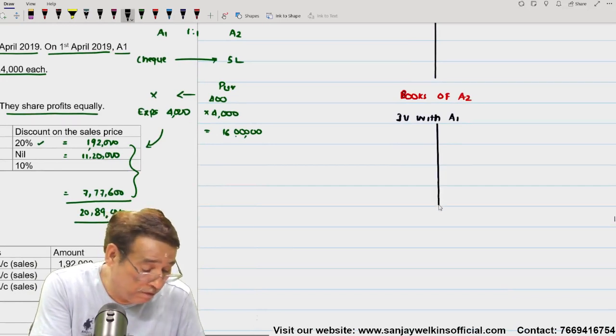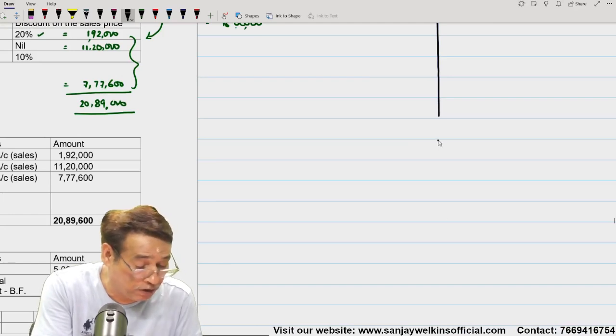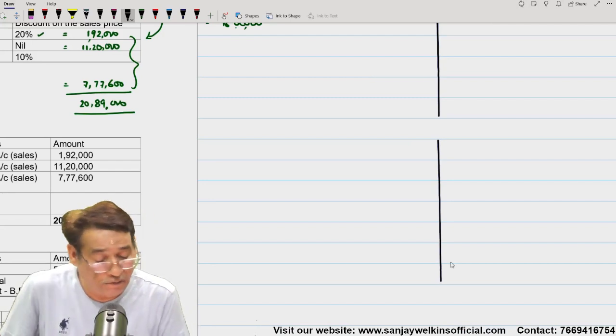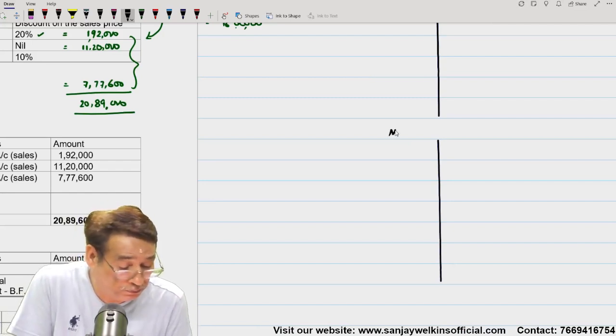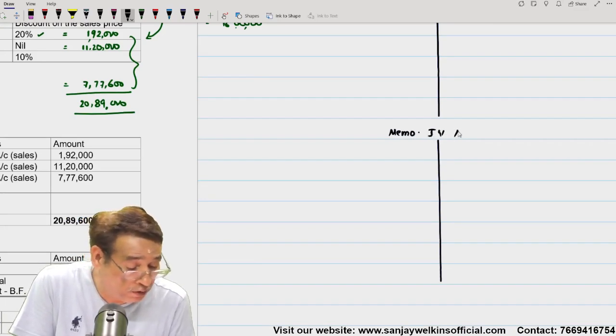So once we have prepared all these accounts, then we will prepare the memorandum joint venture account. Correct? Memorandum joint venture account.